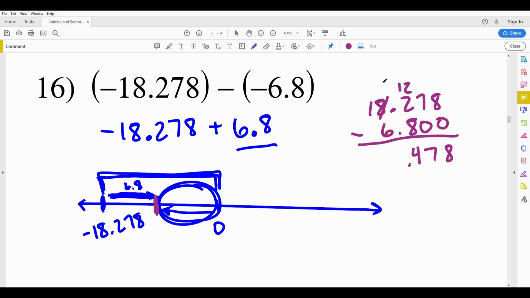And because I borrowed from that ones place, as opposed to 18, I now only have 17. And 17 minus 6 is going to be 11. So I know that the distance from 0 is 11.478, but remember, we're to the left of 0, so that's a negative, is my solution in number 16.